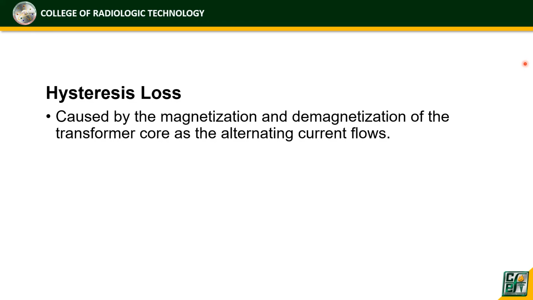Okay? So, halos same lang siya ng eddy current loss. Okay, constant din yung loss niya because of the change of the alternating current flow ay nagre-resulta ng magnetization and demagnetization.